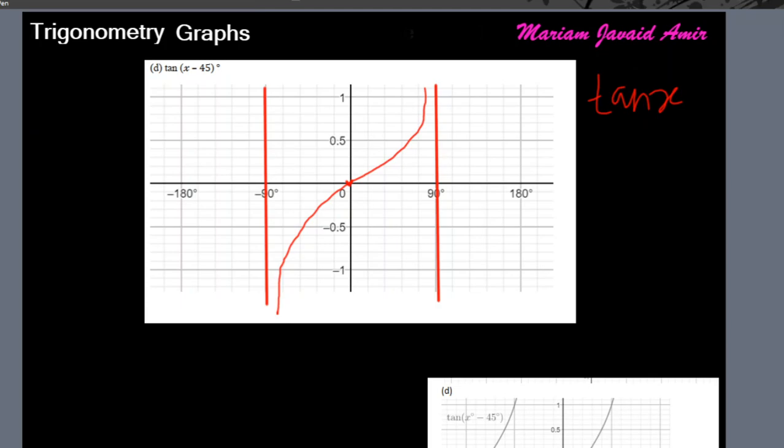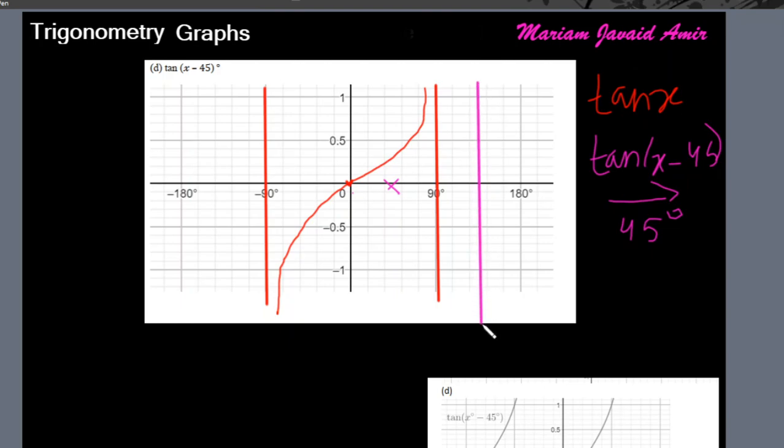Next we need the graph for tan x minus 45, which means move the graph 45 degrees to the right. So 0 falls here now, 45 degrees to the right, and 90 will fall at 90 plus 45, somewhere over here in between 90 and 180.